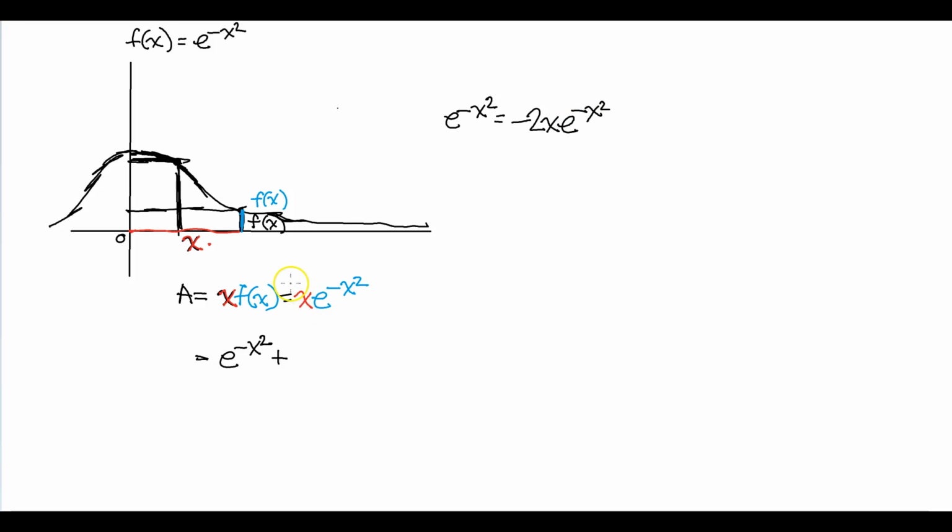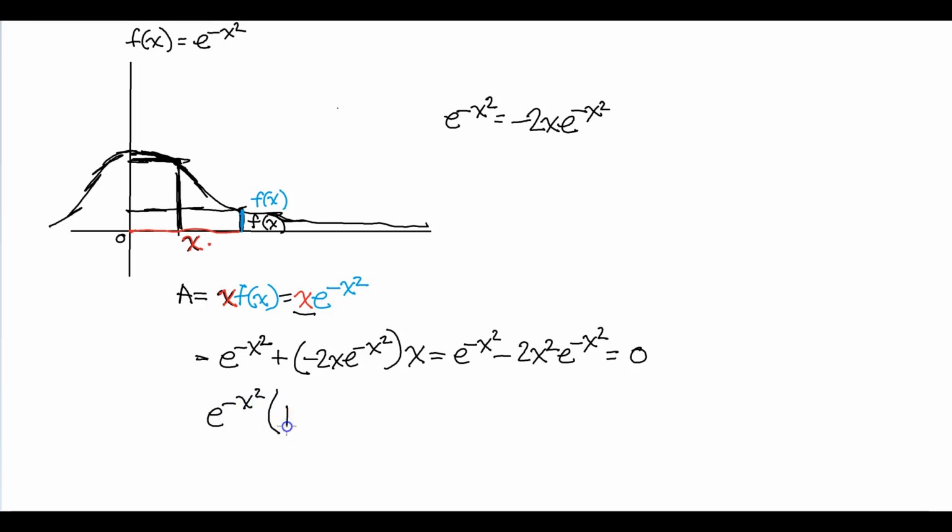So we have negative 2x e to the negative x squared times our first function, x. And this equals e to the negative x squared minus 2x squared e to the negative x squared. And we want to set this equal to 0, to find some critical points. So we can factor out e to the negative x squared and solve this equation for 0. And what do you get?